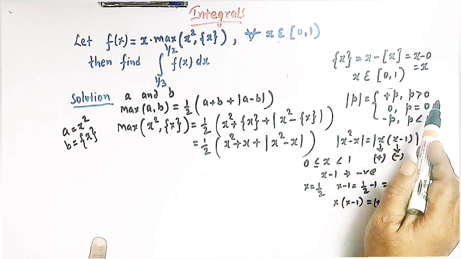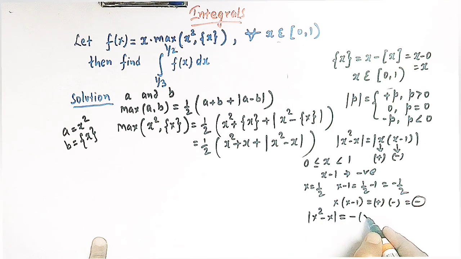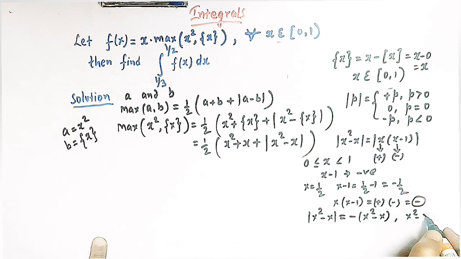So now using this definition, we can define mod of x square minus x as equal to negative x square minus x whenever x square minus x is less than 0, right?